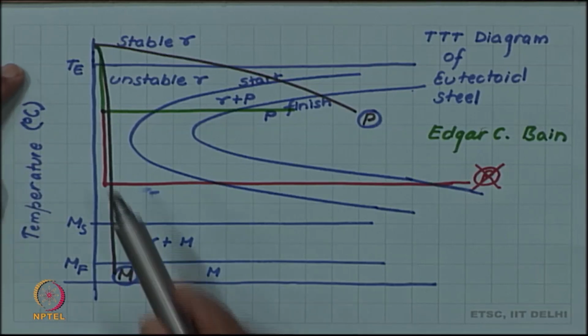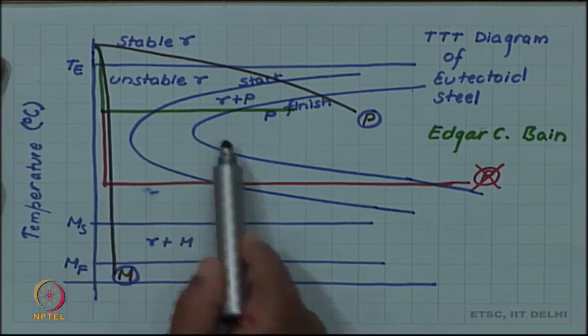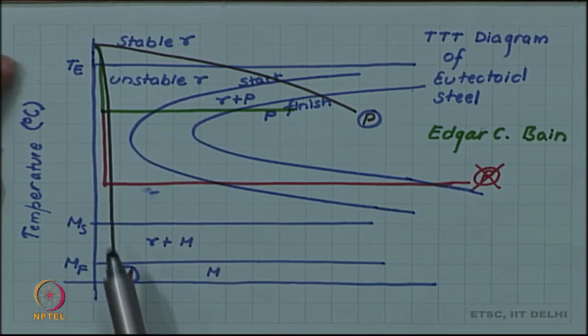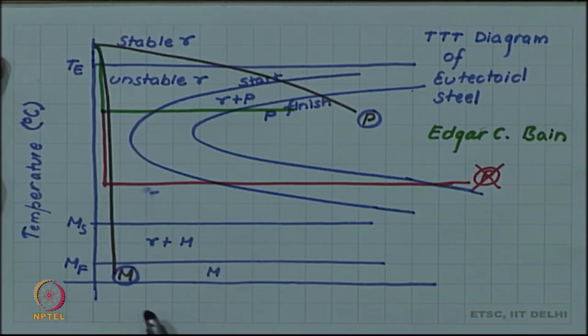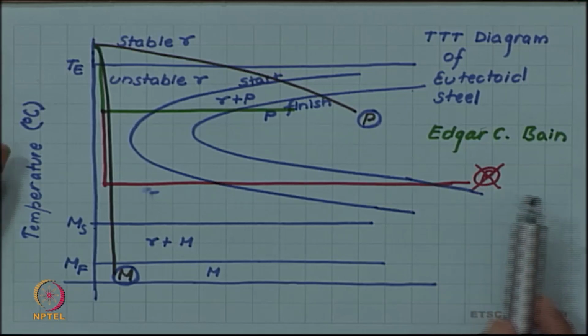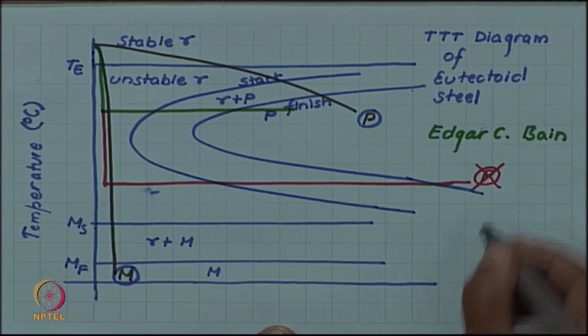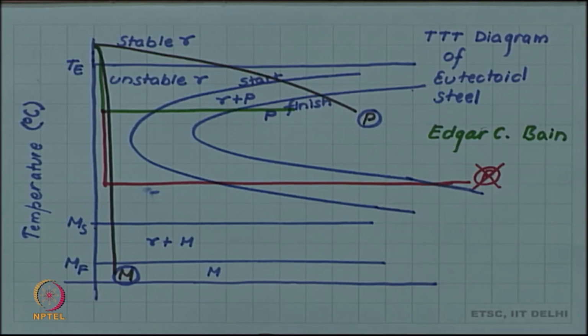But nobody had tried quenching to a temperature below the nose of the C curve and keeping it above the martensite start temperature. At such an intermediate temperature, below the nose and above MS, austenite transforms to a structure which does not resemble pearlite. This new structure later on, in honor of Bain, was named bainite.